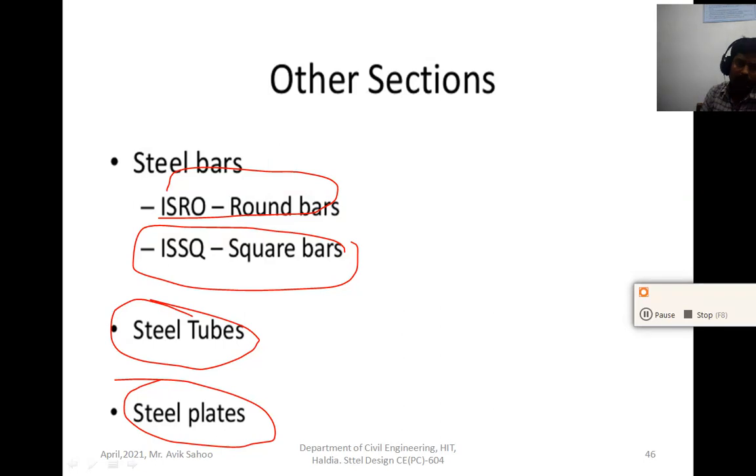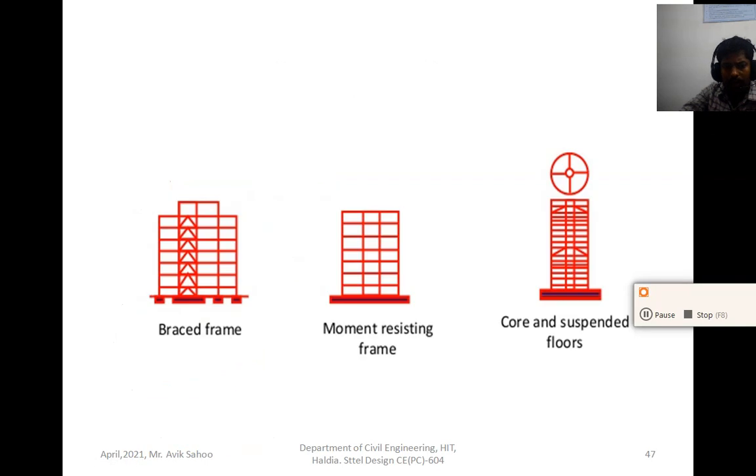The tube sections are not in your syllabus. Similarly, square sections and round bars are not in your syllabus. So only these sections we use in steel structures.